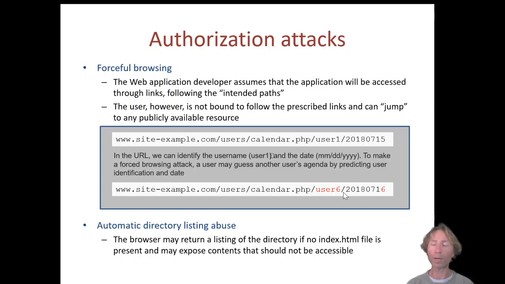Known as forceful browsing. And surprisingly, sometimes you get access to really sensitive information this way. Another thing that we can use is the automatic directory listing. Okay, so in this case, the browser returns a listing of the directory if there's no index.html file, and that may in itself already expose sensitive information.